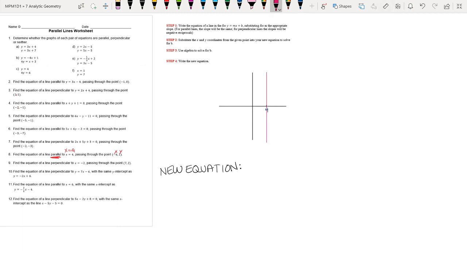All right. So then what is the slope of this line? The slope of this line is undefined, and that means that our new line, which is parallel to it, will also have a slope which is undefined and will therefore also be a vertical line.